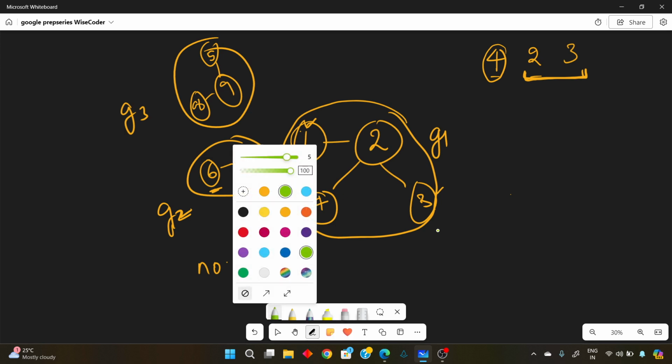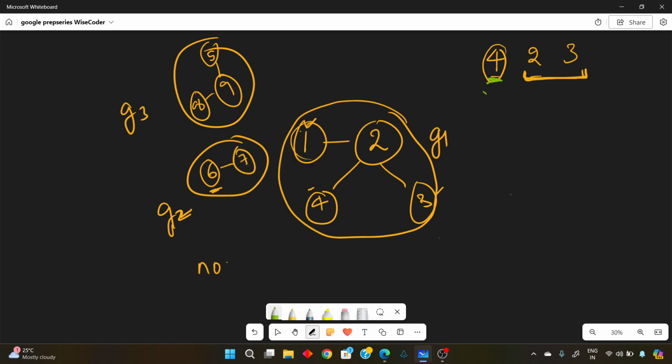Now, in group 1 we have 4 people. For those 4 people, the remaining 5 people are unknown. So for every person of group 1, there are 5 people whom they don't know. How many pairs can they form? One person can form 5 pairs. 4 people are there, so 5 into 4 is 20 pairs.